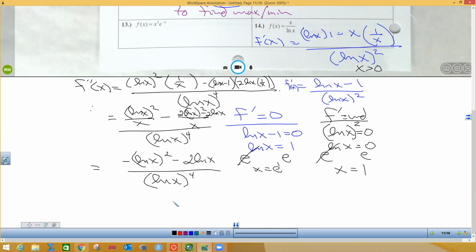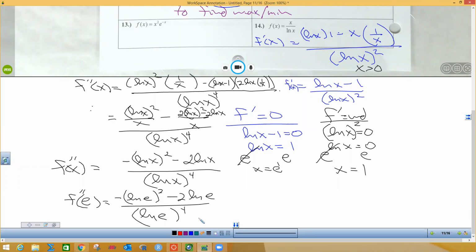Okay. So what I want to do now is find out what's the value of the second derivative at x equals e to the 1st power. So it's going to be a negative natural log of e squared minus 2 times natural log of e, all over natural log of e to the 4th power.